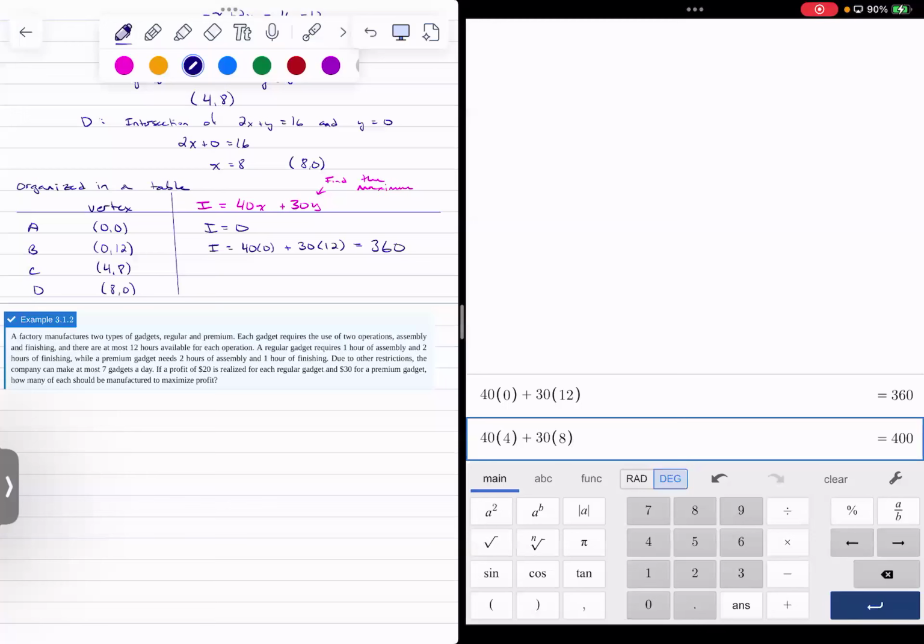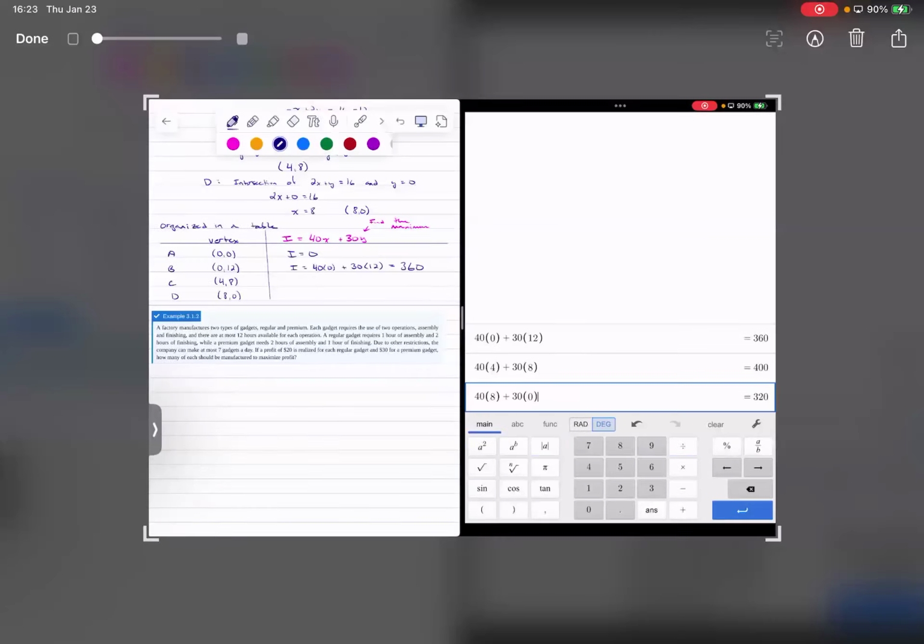I'll do it all and then I'll screenshot it and bring it in. And then finally 40 times 8 plus 30 times 0 is 320.